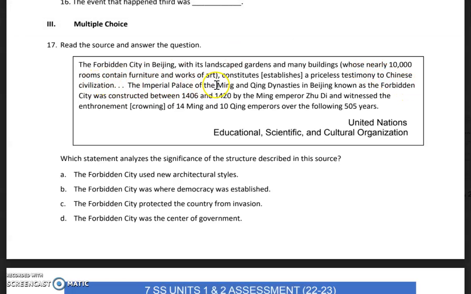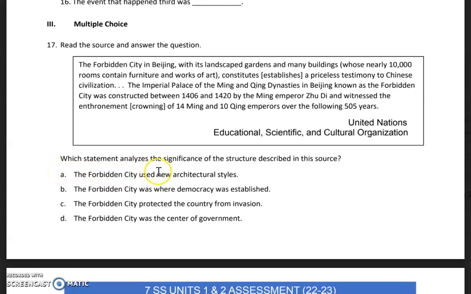The imperial palace of the Ming and Qing dynasties in Beijing, known as the Forbidden City, was constructed between 1406 and 1420 by the Ming Emperor Zhu Di, and witnessed the enthronement of 14 Ming and 10 Qing emperors over the following 505 years. United Nations Educational, Scientific, and Cultural Organization. Which statement analyzes the significance of the structure described in this source?